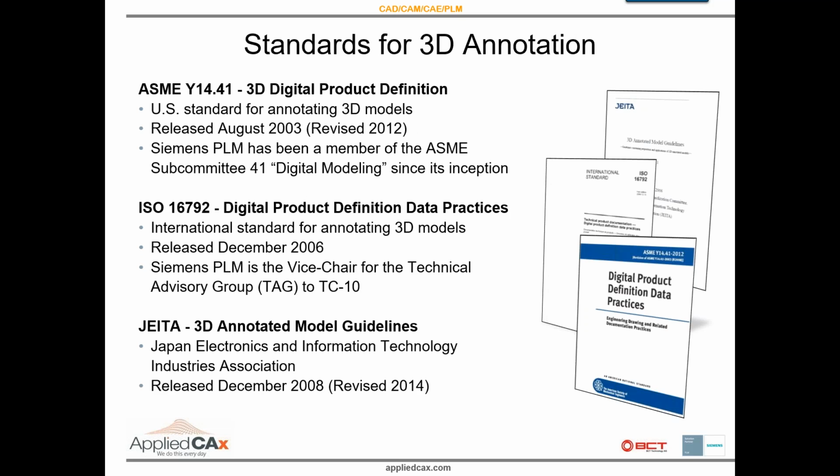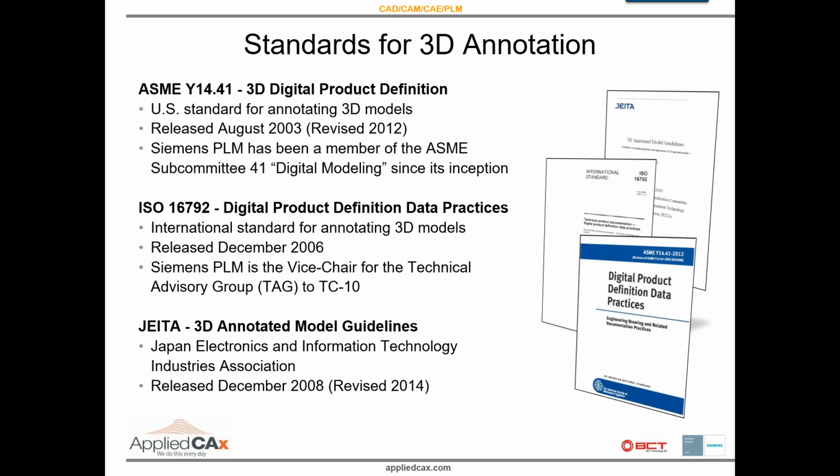Of course, like with anything in the engineering world, there's a bunch of standards that can be referenced for how to apply 3D model definition. The biggest one, and the one I'm most familiar with, is the ASME Y14.41, a 3D digital product definition. There is also the more metric international standard, the ISO, and one specifically for the Japanese market, the JAMA 3D annotated model guidelines.